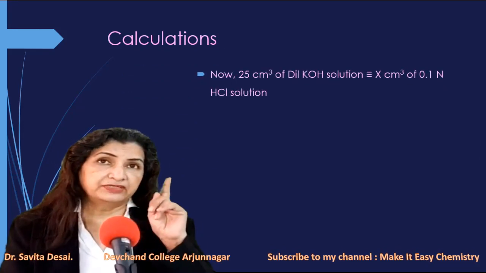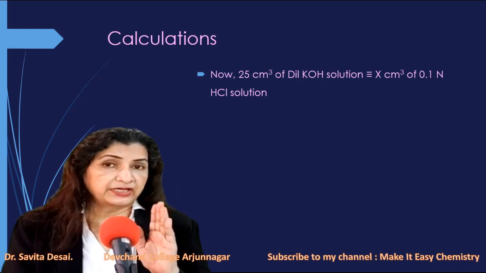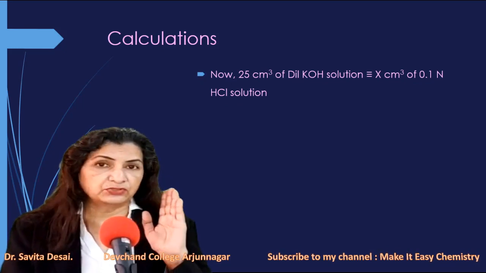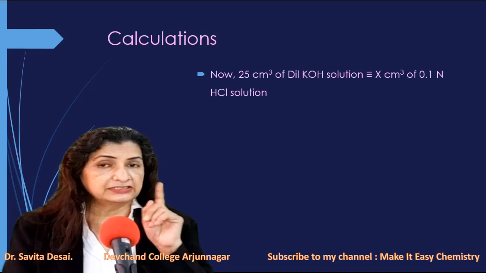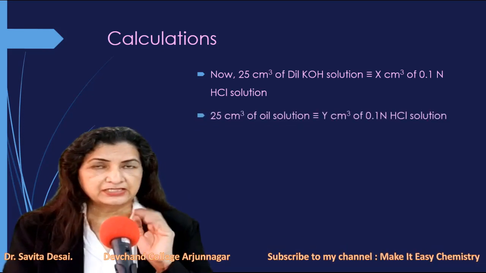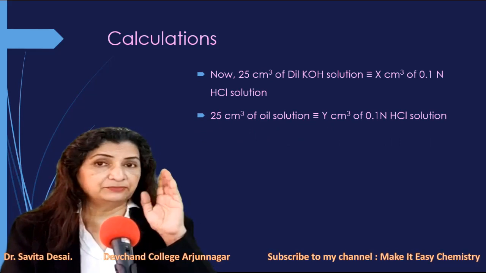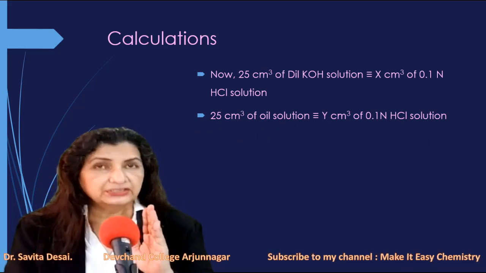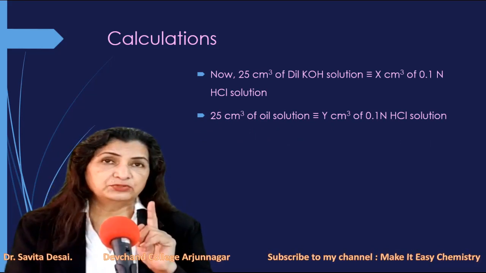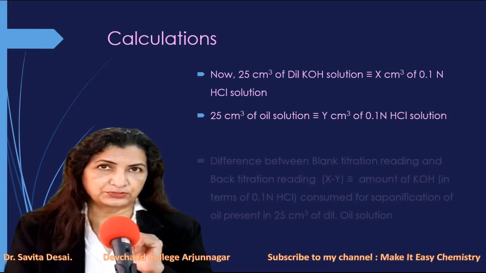25 cm cube of dilute KOH solution required X cm cube of 0.1 normal HCl solution, that is the blank titration. Similarly, from the back titration we know that 25 cm cube of the dilute oil solution has required Y cm cube of 0.1 normal HCl solution.